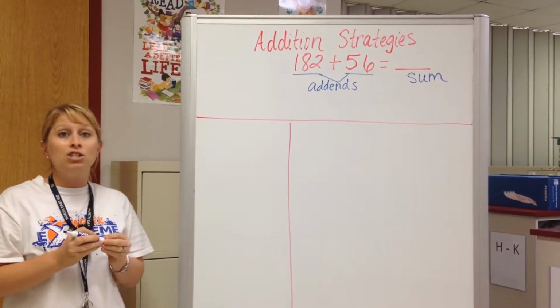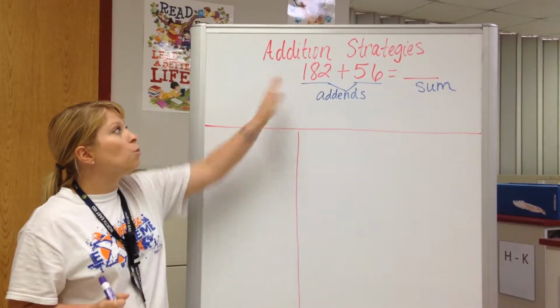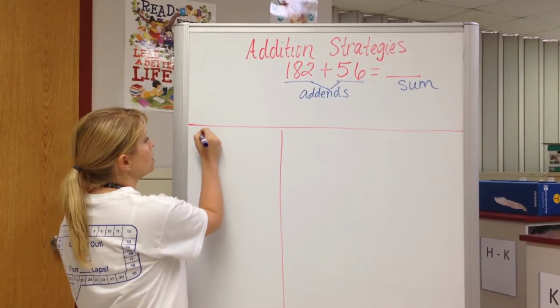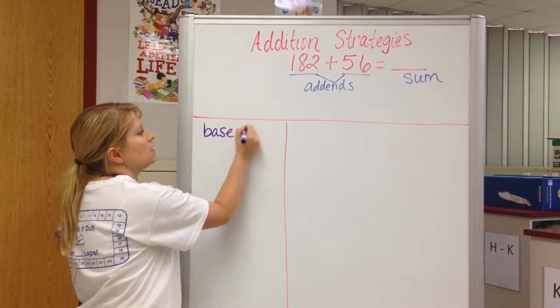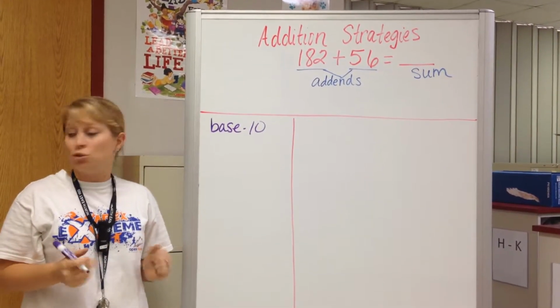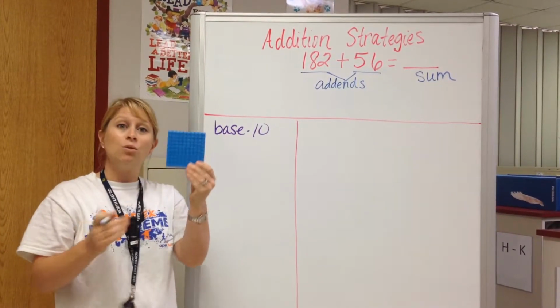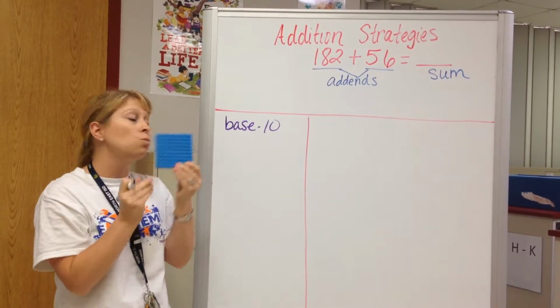The first strategy we're going to talk about is our base 10 blocks. So our strategy is base 10 blocks, and we're going to draw the pictures. Remember, a flat or a sheet represents 100.